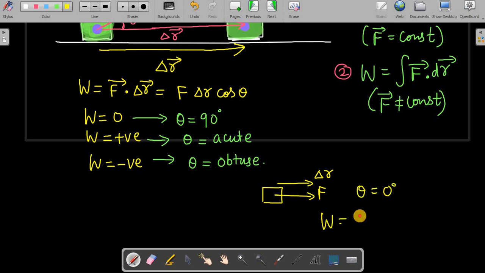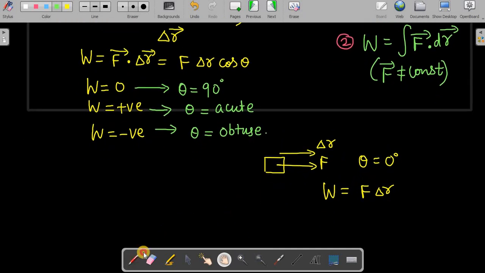So work done simply becomes force into displacement, isn't it? That is what generally in lower grades they teach. But actually it's the dot product of force and displacement, because this is a vector quantity. Of course, work is a scalar quantity, because dot product is a scalar quantity.